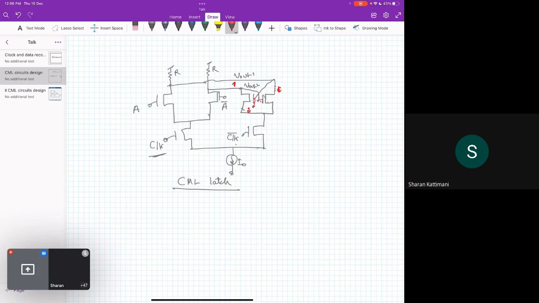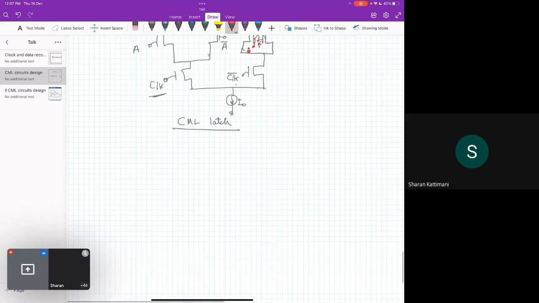If this is low, then this will be high. Okay, so again, if this is high, this will be high, so this is low. Okay, so whatever appears at the output, it will hold it, so it is a positive feedback.